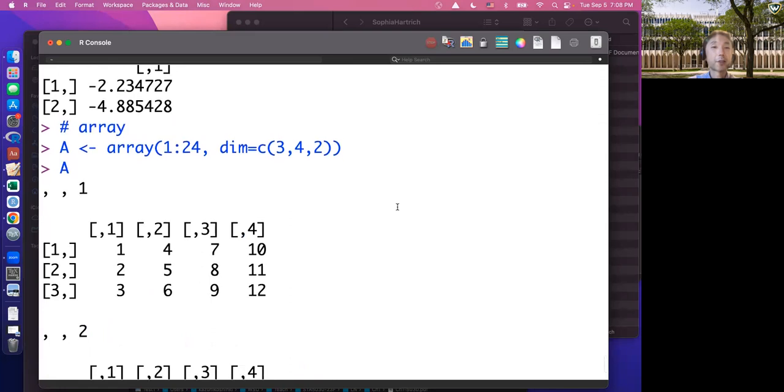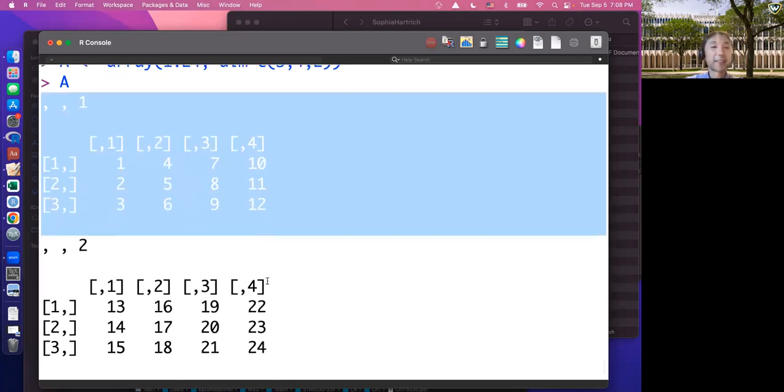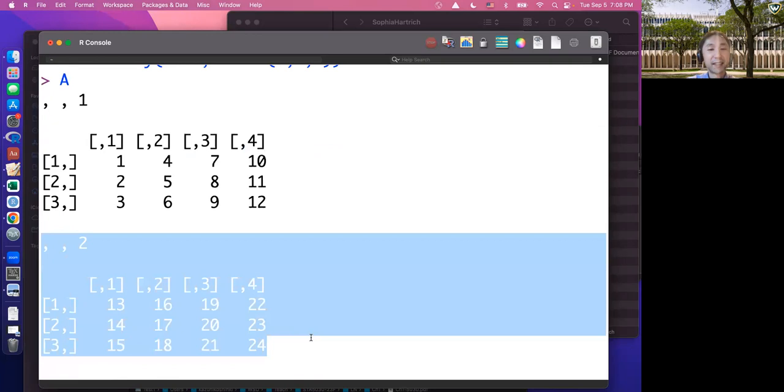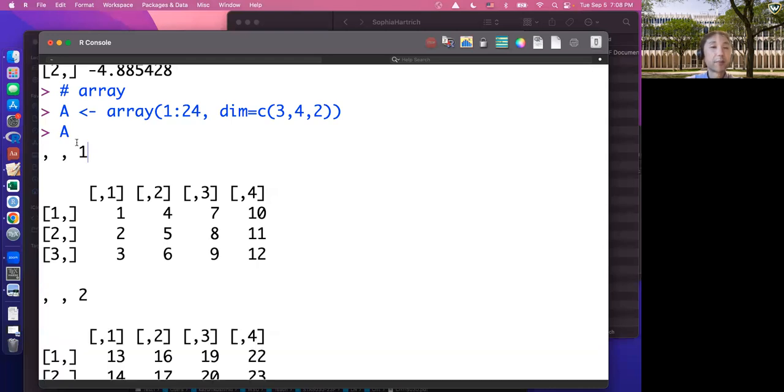A is this object. A is a set of two matrices, and the first matrix is this, and the second matrix is this. You can see this as two matrices.